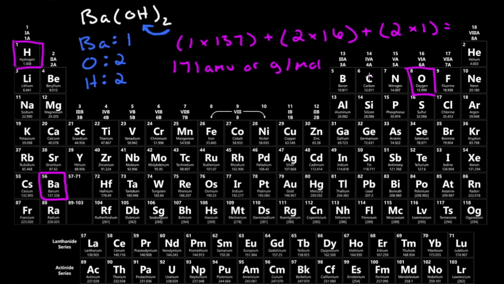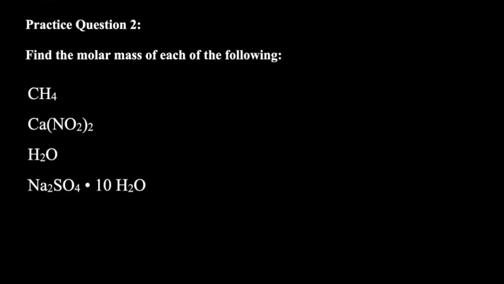Let's go ahead and try to do some more of these problems. We'll do practice question number 2. What you want to do is count each individual atom in that chemical, and then go to the periodic table and see what the average atomic mass is for that particular atom.